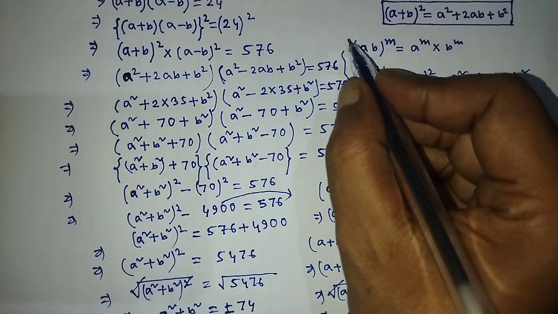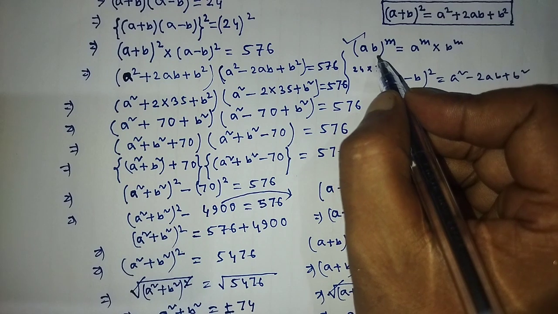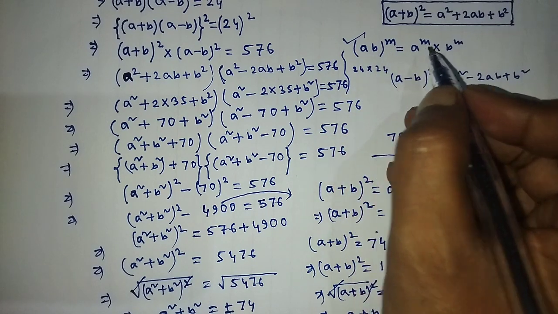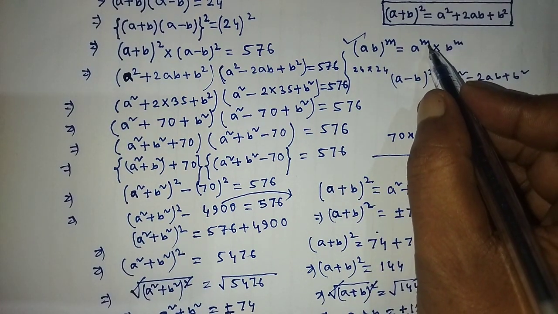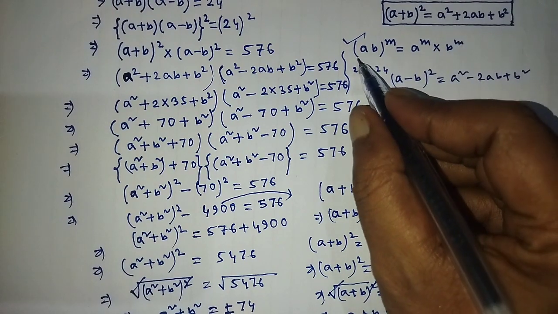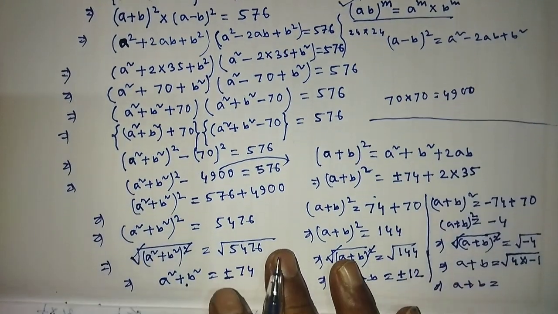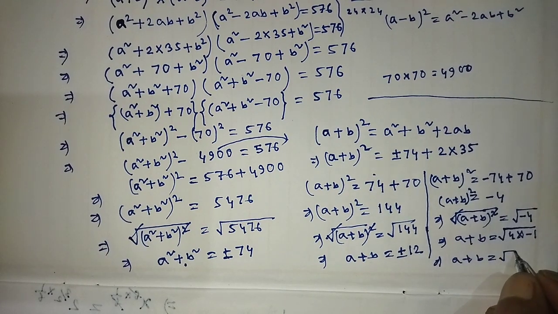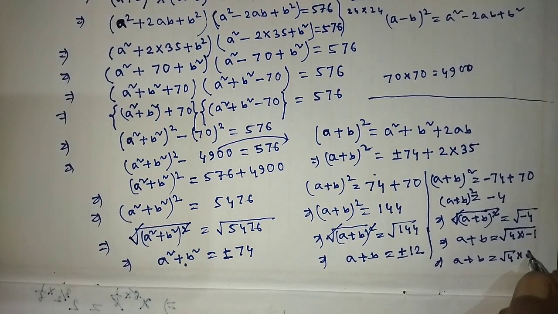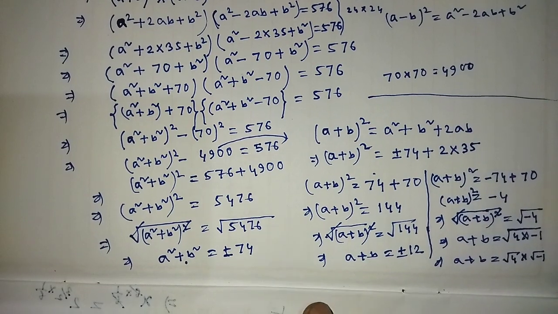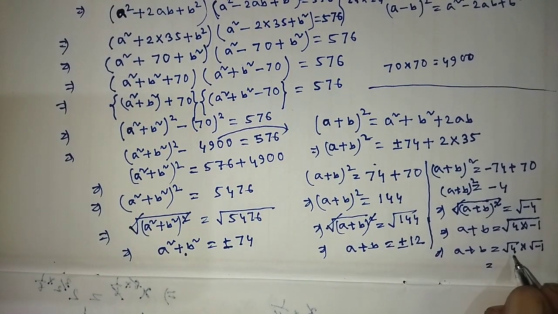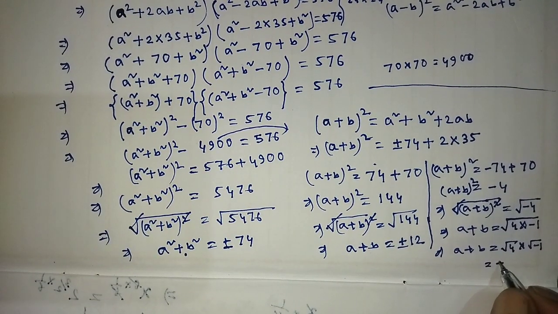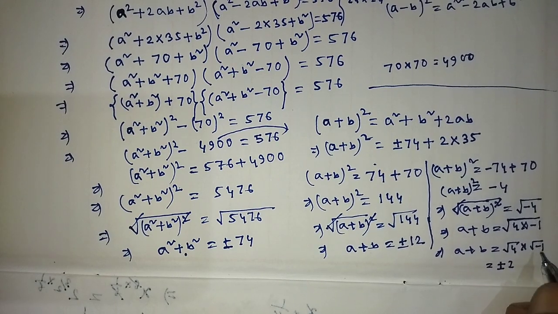Then we apply the formula (ab)^m = a^m into b^m, so we get root 4 into root minus 1. Root 4 is plus minus 2, and root of minus 1 is i.